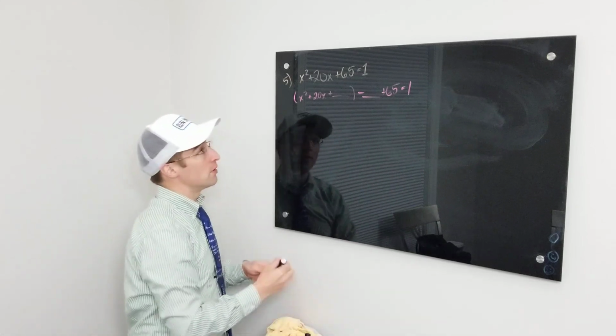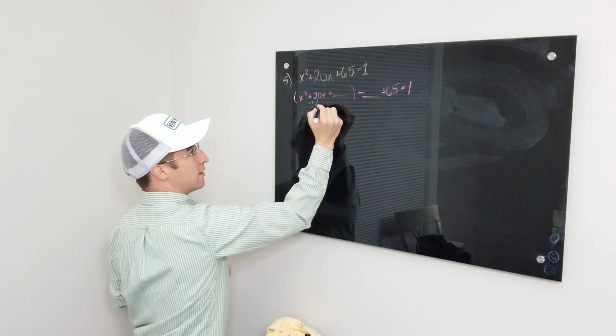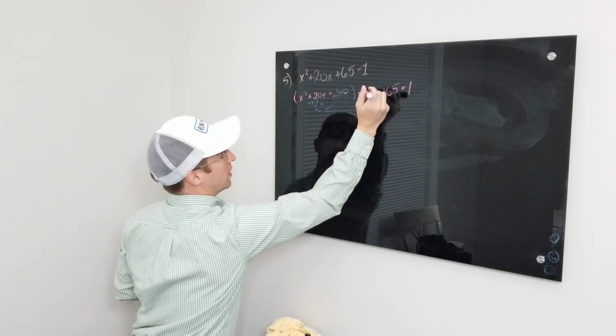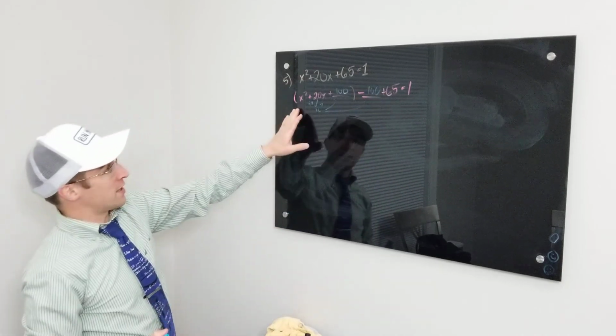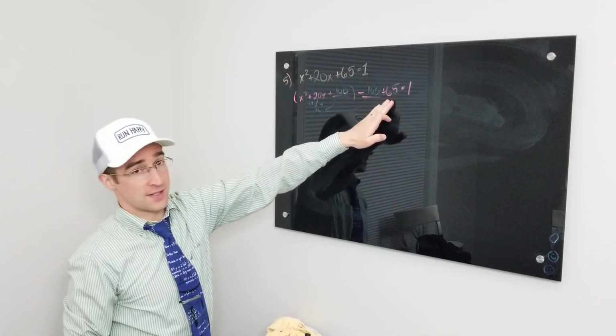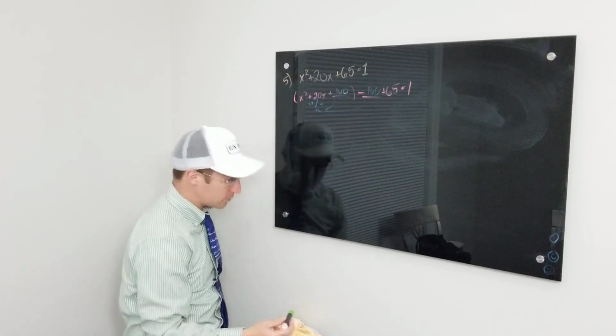Same as before, we're going to take this 20, divide it by 2, that gives me 10, square it, that gives me 100. 10 times 10 is 100. So x squared plus 20x plus 100 minus 100 plus 65 equals 1. Cool.